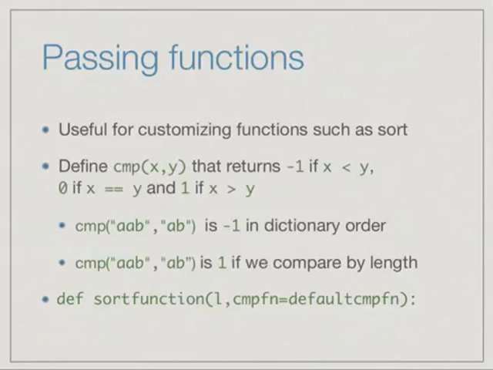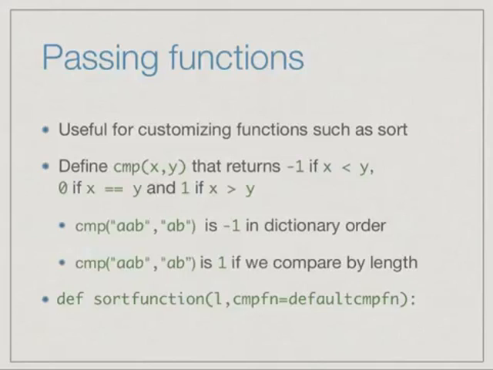If on the other hand we want to compare the strings by length, then the same argument would give us +1 because AAB has length 3 and is longer than AB. So we could write a sort function which takes a list and takes a second argument, which is how to compare elements in the list. So the sort function itself does not need to know what the elements in the list are. Whenever it's given a list of arbitrary values, it's also told how to compare them.